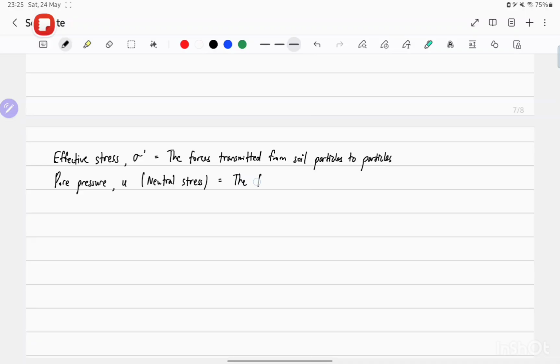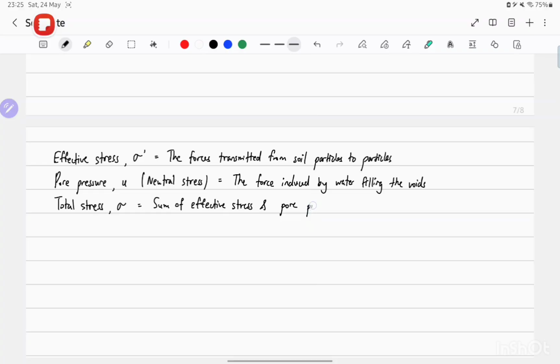It means that the pore pressure is the force induced by water filling the voids of soil, and then by adding both of these together, we will get the total stress represented by sigma, which is just the sum of effective stress and pore pressure. So we will write like this.